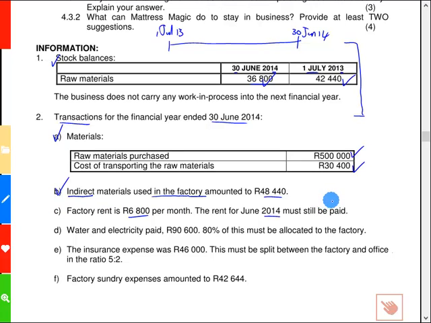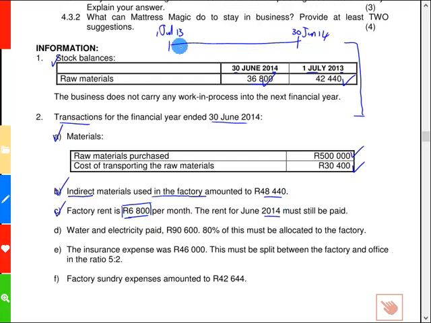Next question. Where in the production cost statement? Is it direct material? Do we find this factory rent as a material in the finished product? No, we don't. Is it direct labor? Is this for paying someone that worked directly on the finished product? No, it's not. Everything else is overheads. And it's 6,800 Rand per month.